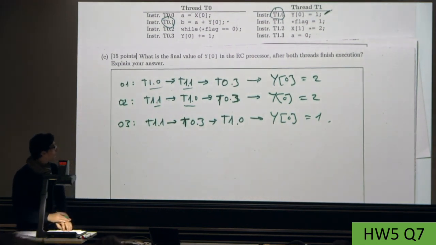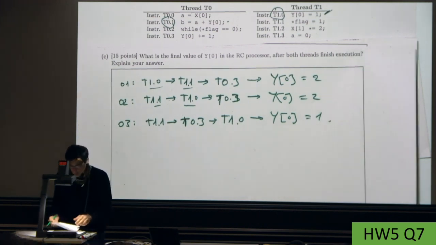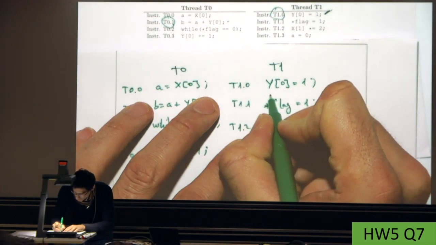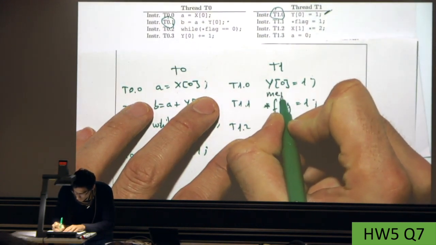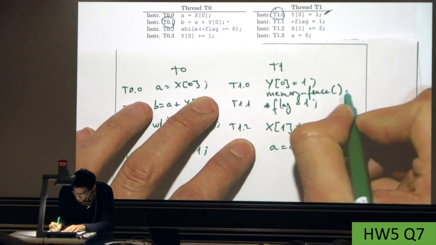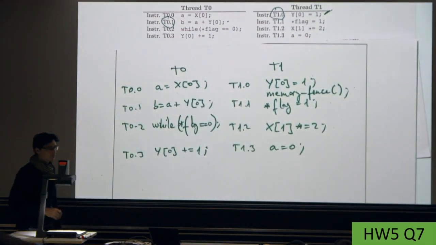So any of those could happen before the other one, right? So if we want to enforce that order in there, the place to put the memory fence is here. So this would be now like instruction 1 in thread 1.